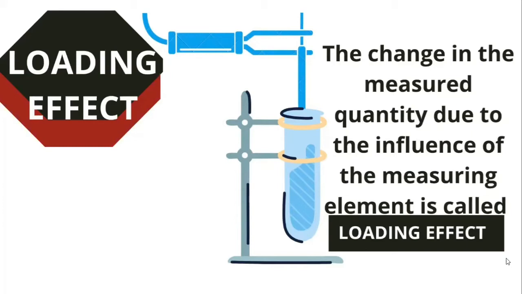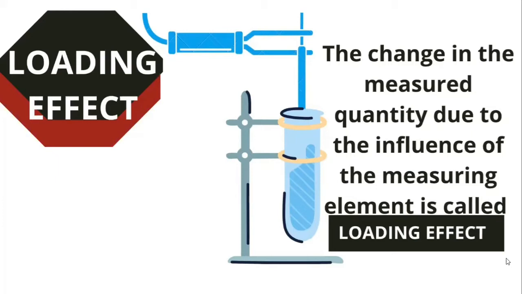But while inserting the electrode, and the electrode is a metal, right? Due to this metallic nature, when inserting, this metal will disturb the ions. As a result, the solution that we are about to measure will get disturbed, right? This effect is called the loading effect. The measured quantity will change because of the influence of the measuring element.